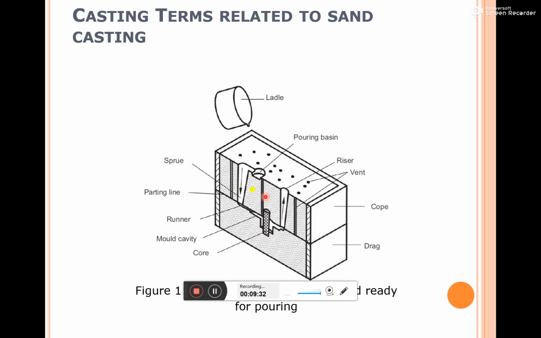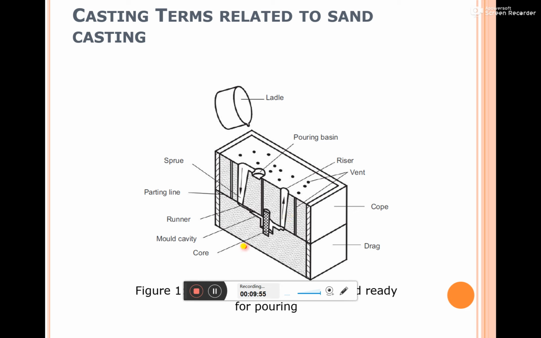And the next element is the sprue. This is the sprue and this is the pouring basin, and you can see that there is the parting line. This is the imaginary line located in between the cope box and drag box, and this is the riser.